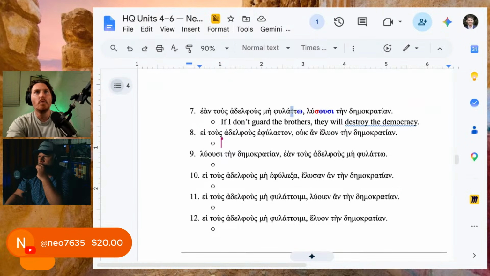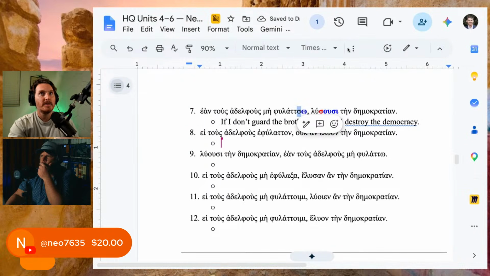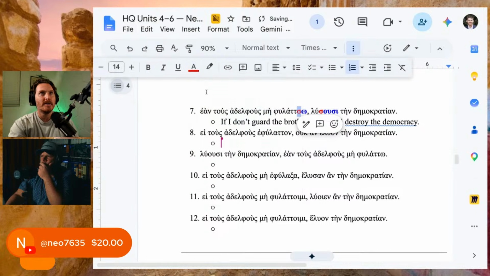If you wanted to fit the pattern more cleanly, what would fulatto become in the subjunctive mood? Trick question. You need to get a sigma in there, right? So what happens when you tack a sigma onto this double T? You have to get rid of the T, right? So when you get rid of it, what does it become? Is it fulaso? Fulaxo. Yeah, exactly. Want to know something crazy?